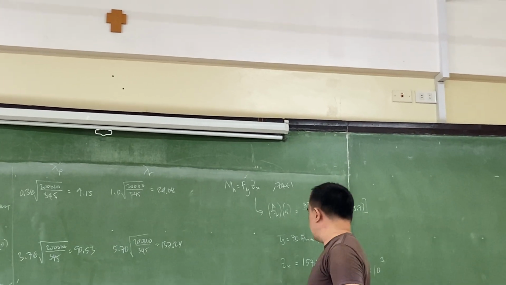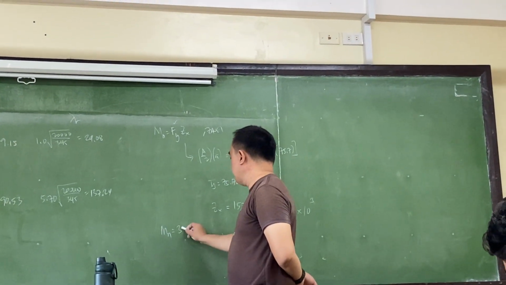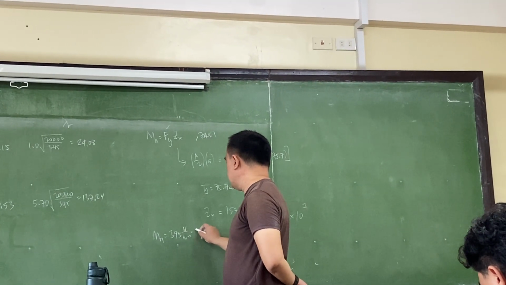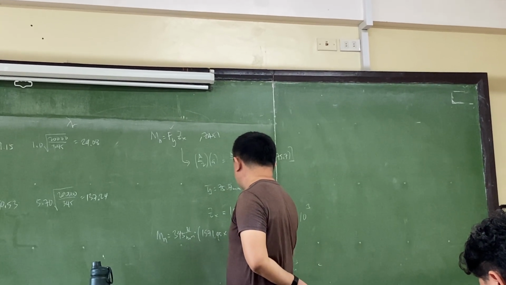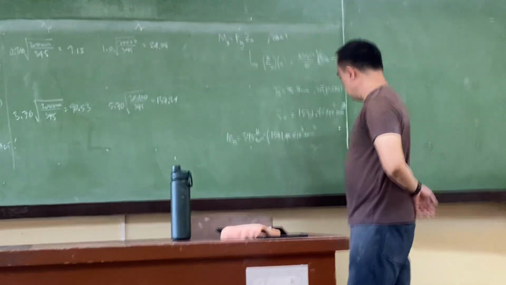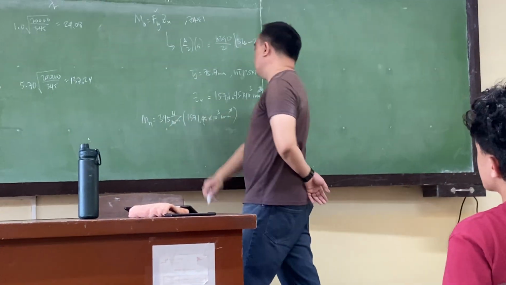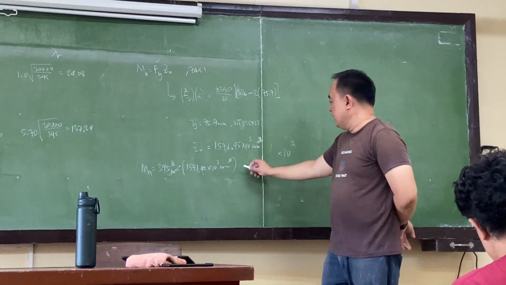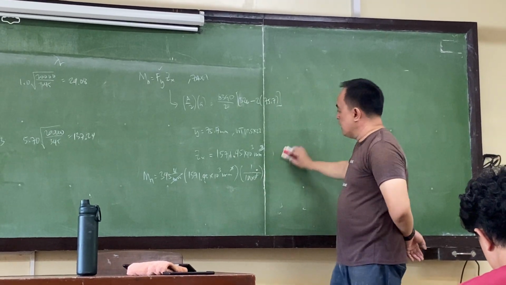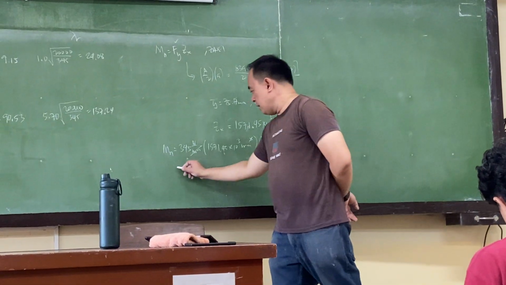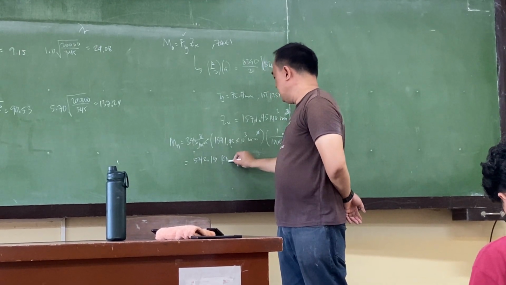Okay, so cubed, and then for nominal moment, you have your Fy, which is 345 newtons per square millimeter, multiplied by 1571.45 times 10 to the cube. The newtons and millimeters cancel, and you divide that by 1,000 squared to get kN-m. 542.15 kN-m.